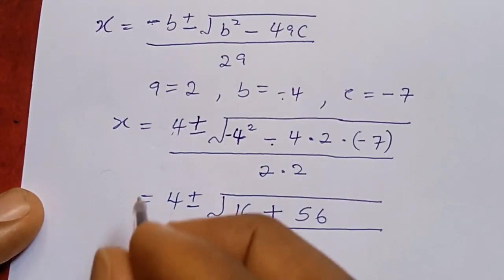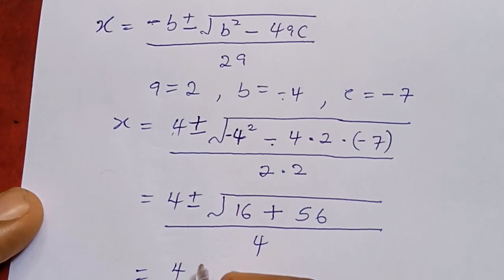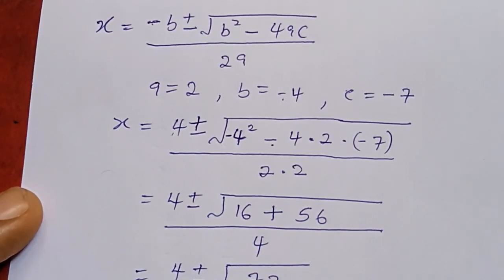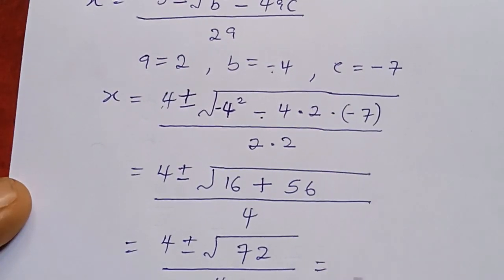So this will be equals to 4 plus or minus square root, 16 plus 56, we have 72, over 4.